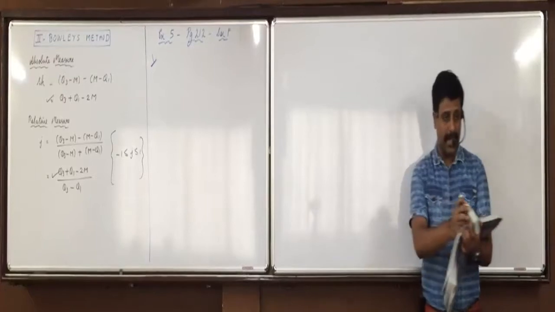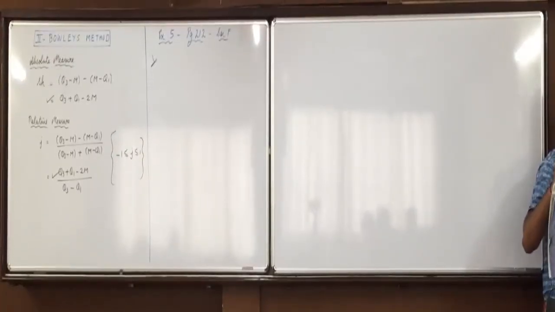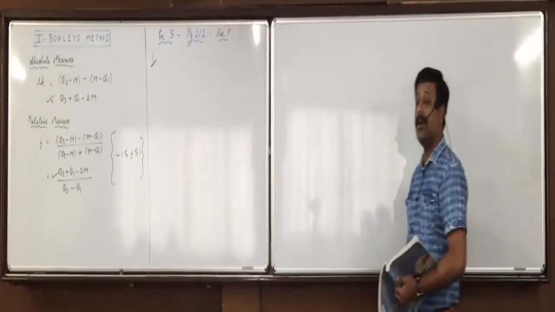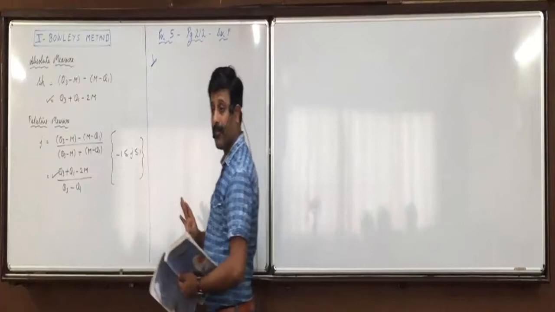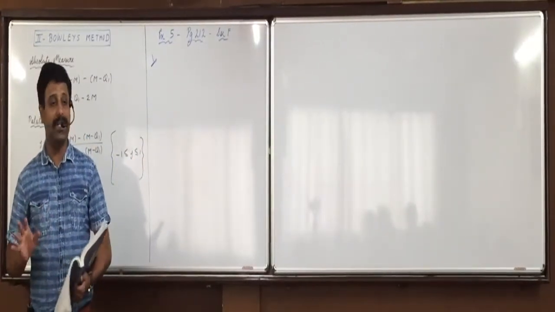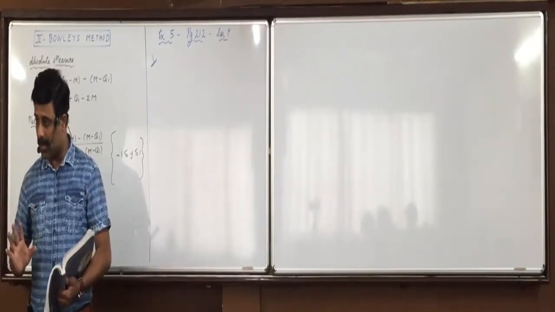Directly coefficient is asked. First of all, in Bowley's method you don't have to verify or check whether mode is defined or undefined, because mode is not used at all. Quartiles and median are used. So no need to verify whether mode is defined or undefined. Directly we have to solve the question. Okay?